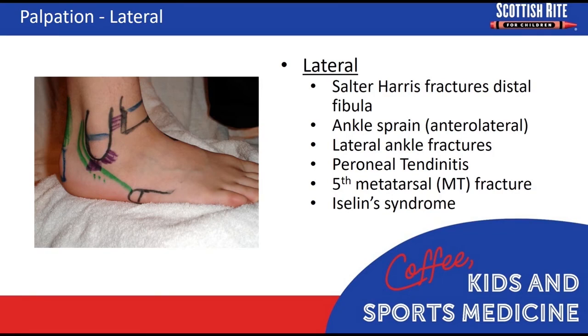The most common injuries we see are Salter-Harris fractures of the distal fibula, anterior lateral ankle sprains, lateral ankle fractures, peroneal tendinitis, fifth metatarsal fractures, or overuse conditions of the fifth metatarsal. Those are your top 6 injuries you're going to see on that lateral portion of the ankle.